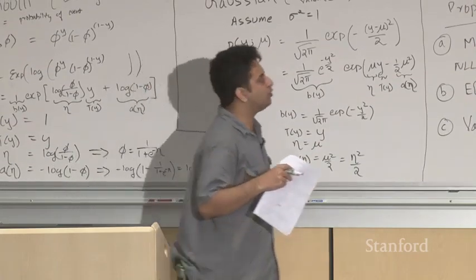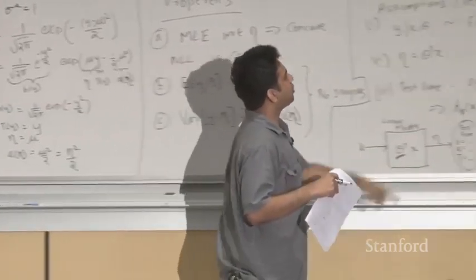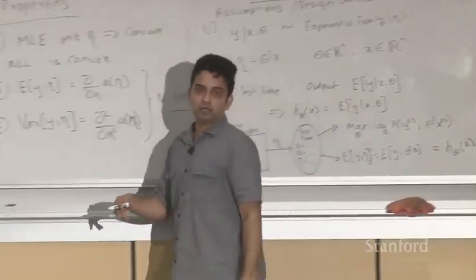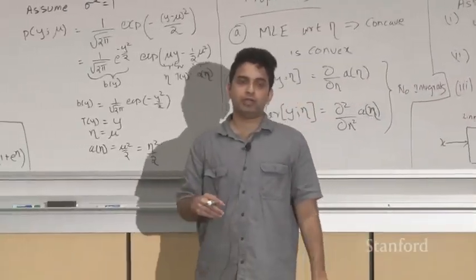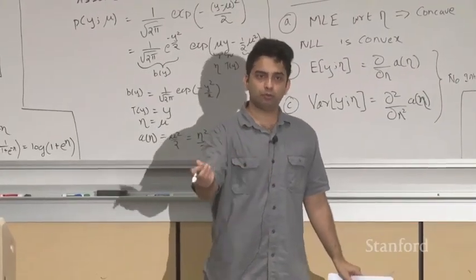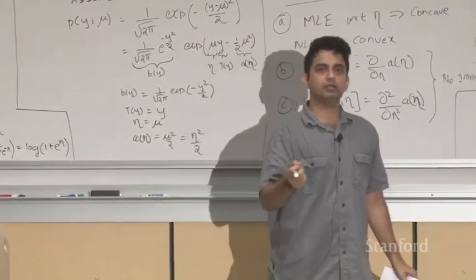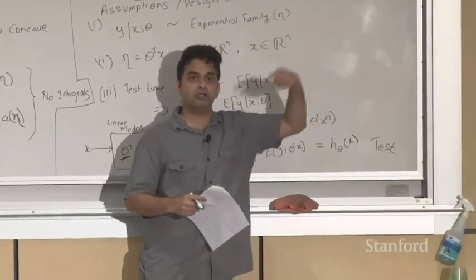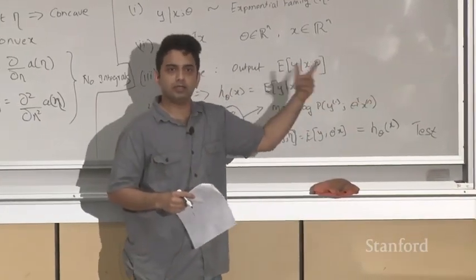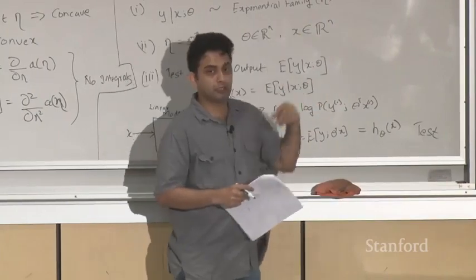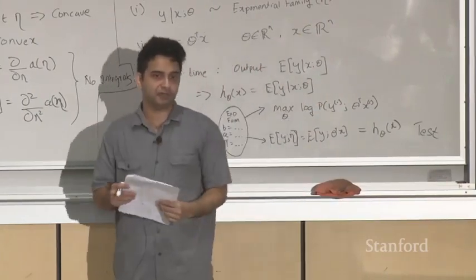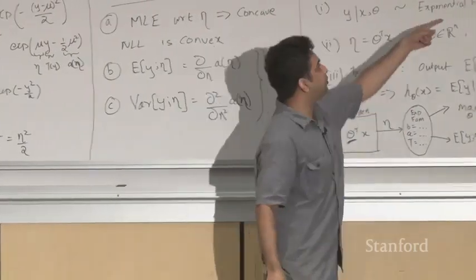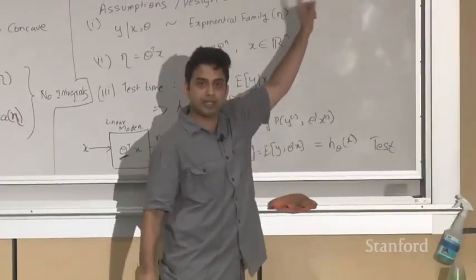Yeah. So the choice of what distribution you're going to choose is really dependent on the task that you have. If your task is regression, where you want to output real valued numbers like the price of a house, then you choose a distribution over the real numbers, like a Gaussian. If your task is classification, where your output is binary 0 or 1, you choose a distribution that models binary data.